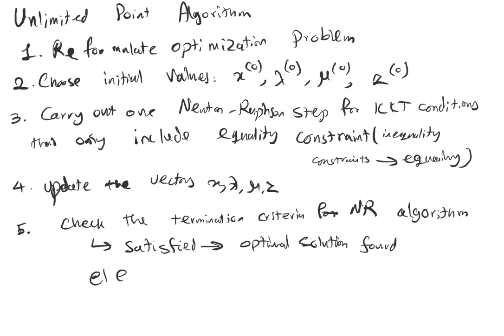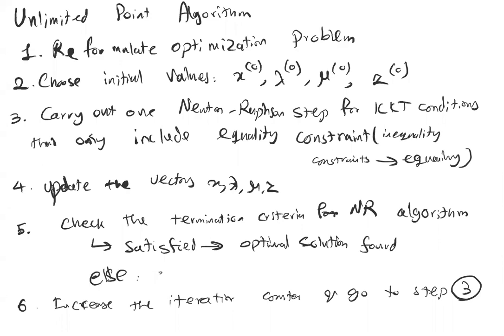Else, we go to step 6, increase the iteration counter and go to step 3. So we do this iteratively until we reach convergence.